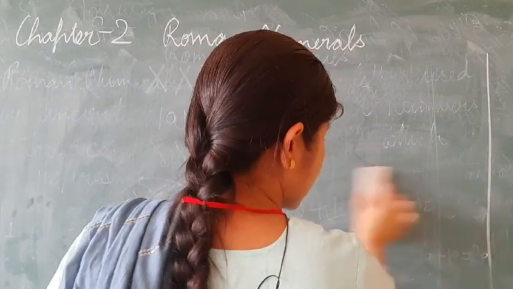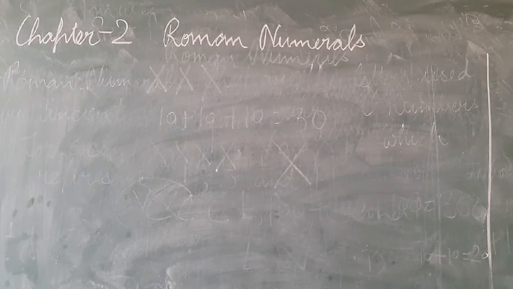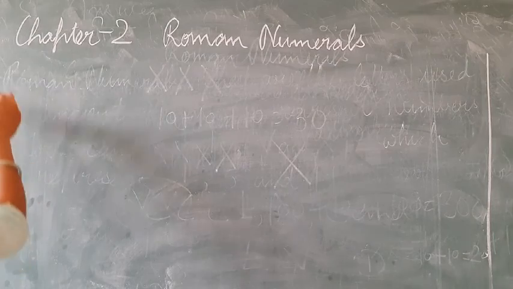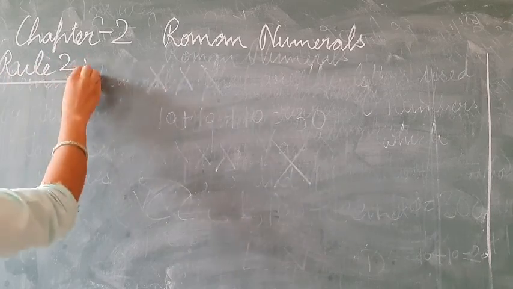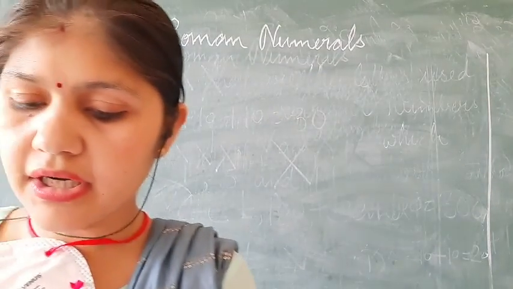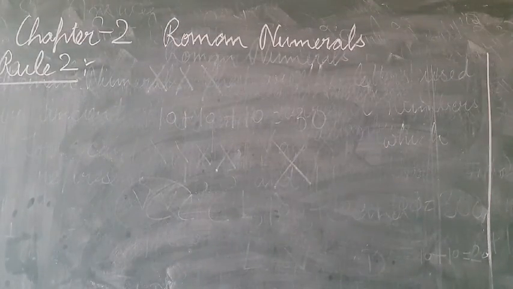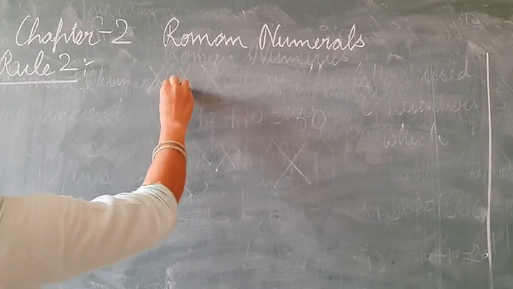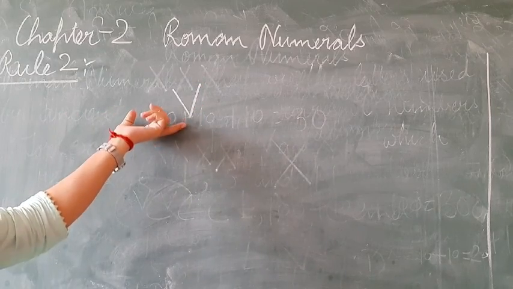Now, the second rule. Rule number 2 for writing numerals. The second rule is: a smaller numeral written to the right of a larger numeral is always added to the larger numeral. This is V, which means 5.